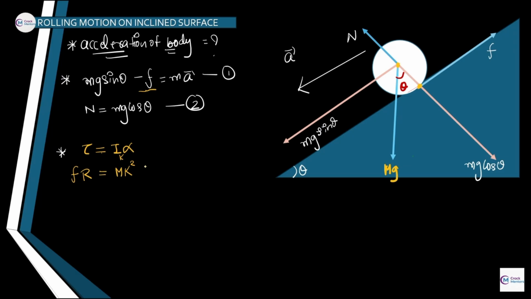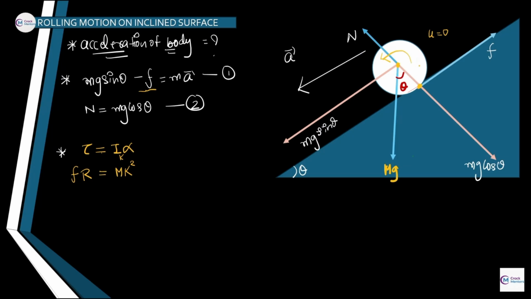So what is alpha right now? Let me make the direction of alpha. This is the direction of alpha, as you can see. I'm assuming that it is falling down with initial velocity equal to 0, and this is the direction of alpha. What do we know about the pure rolling case?